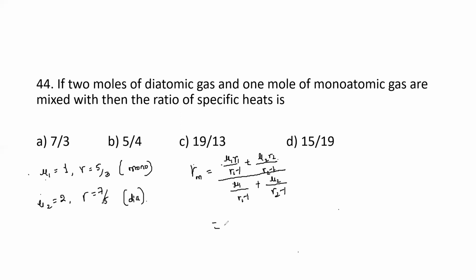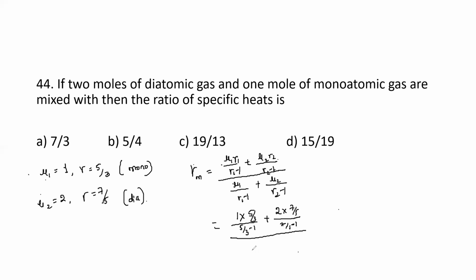Now we know all the values, we can substitute. Mu1 is 1, into gamma1 which is 5 by 3, divided by 5 by 3 minus 1, plus mu2 which is 2, into gamma2 which is 7 by 5, divided by 7 by 5 minus 1.